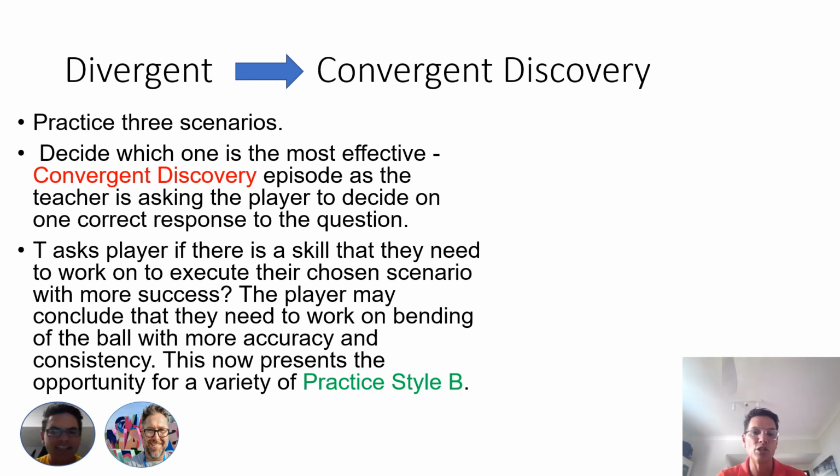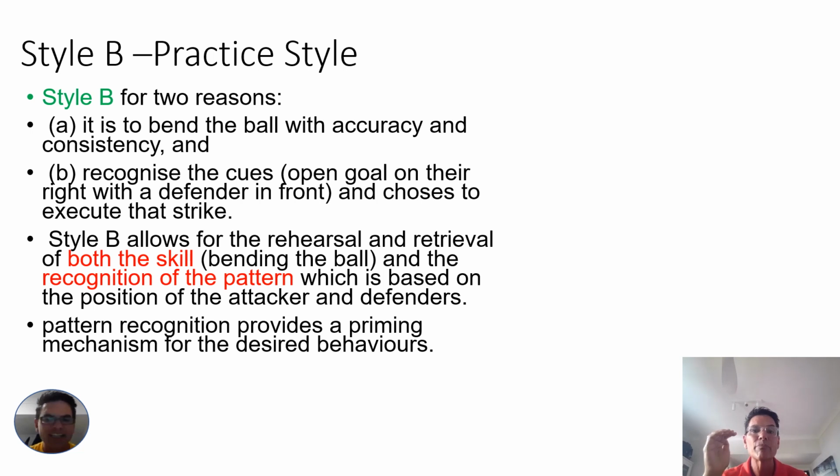This then creates an opportunity for style B. But we would argue style B in a game type situation, so that they learn, one, to bend the ball with accuracy, but two, they also learn to recognize the cue. That is, open goal on their right, defenders in front, and they need to bend the ball. So it's not just the skill, but it's the pattern recognition which provides this priming mechanism to execute the desired behavior.